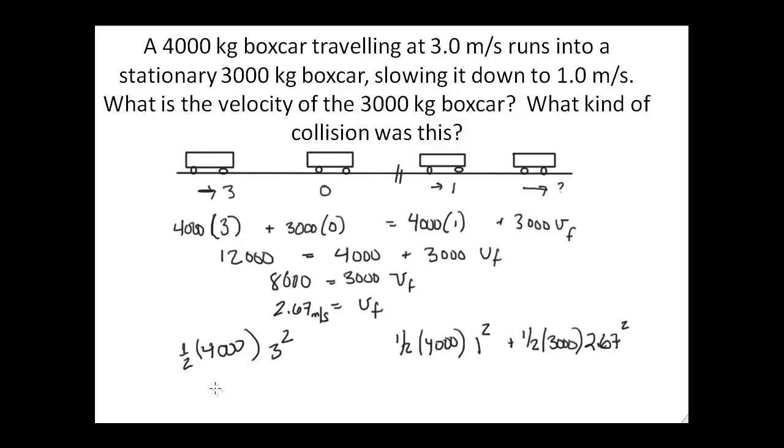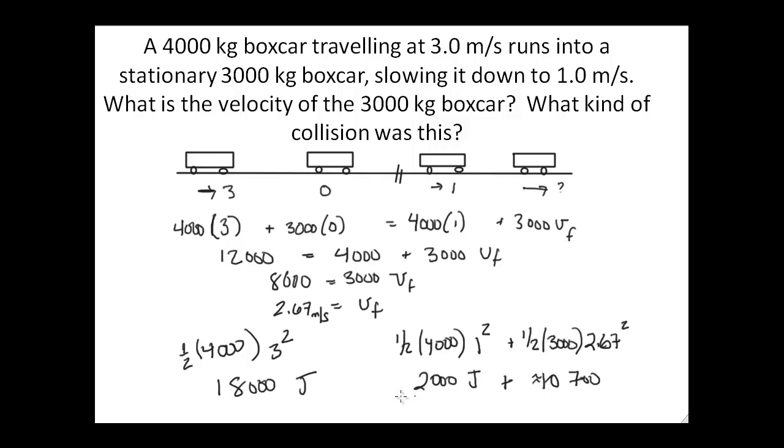Well, this works out quite nicely to be 18,000 joules, and here we have 2,000 joules plus, alright, so we've got to do 2 2/3 squared times 3,000 times 1/2. That works out to be approximately 10,700.